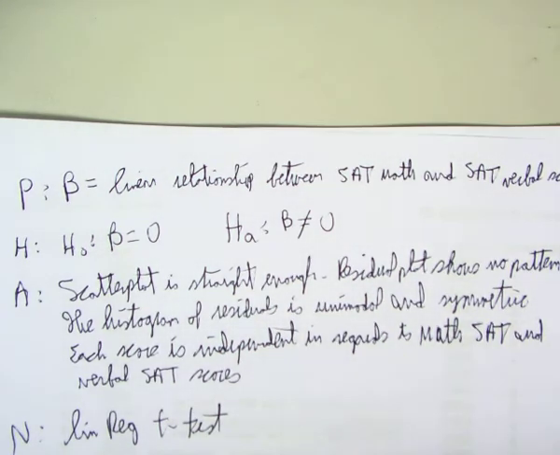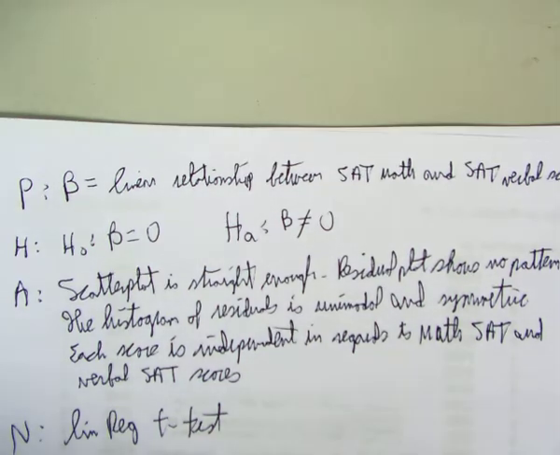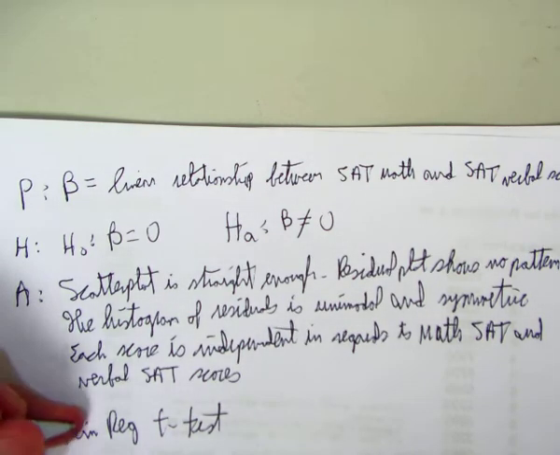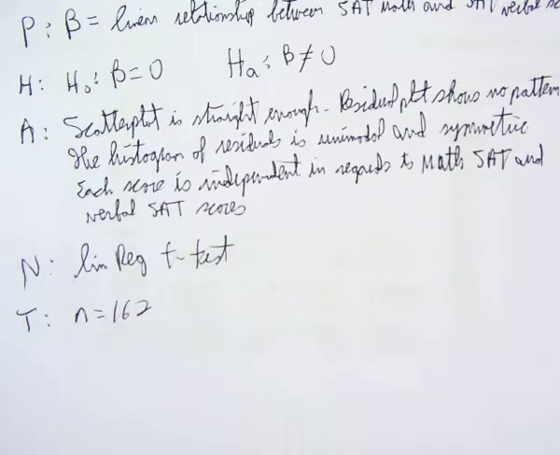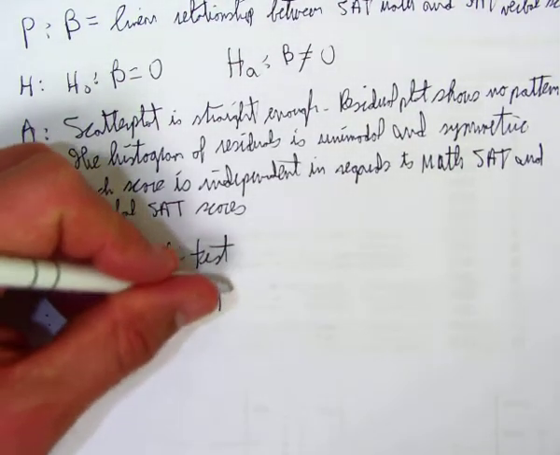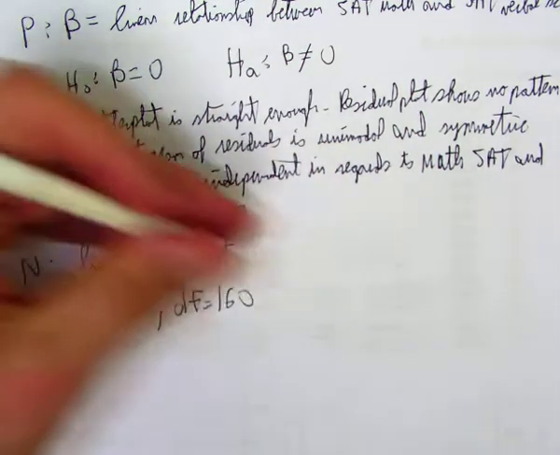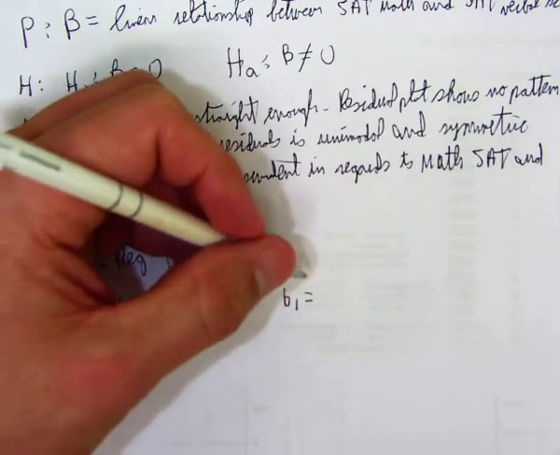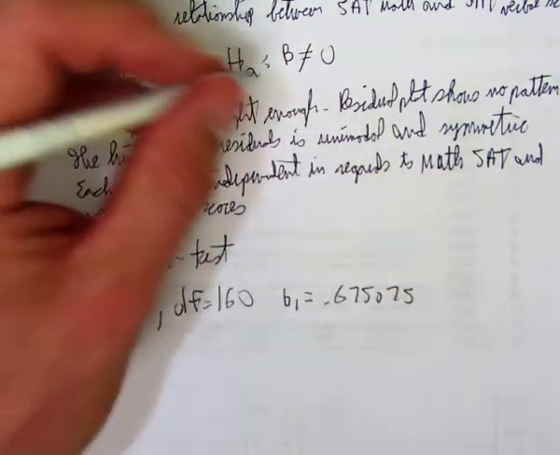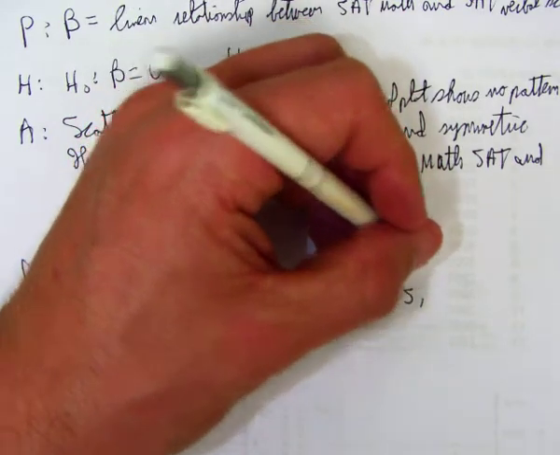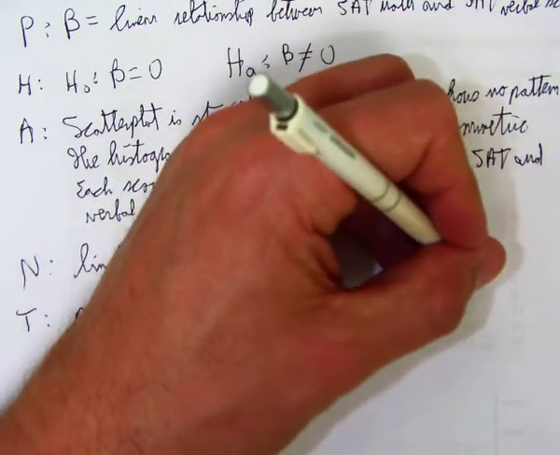Test statistics. So let's see, what is n here? N is 162. So degrees of freedom is 160. That's right on your regression output. B sub 1 is 0.675075, and standard error is 0.0568.